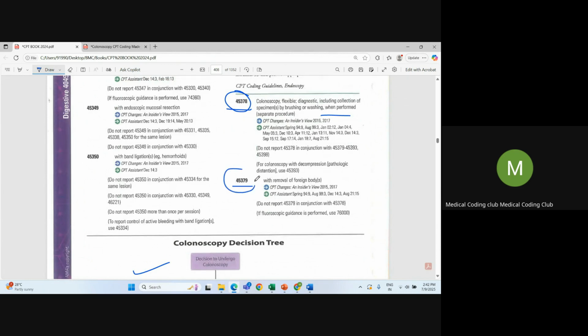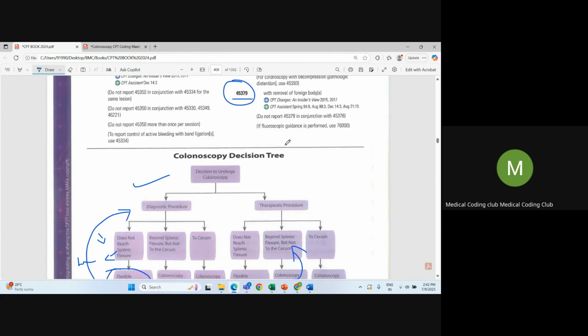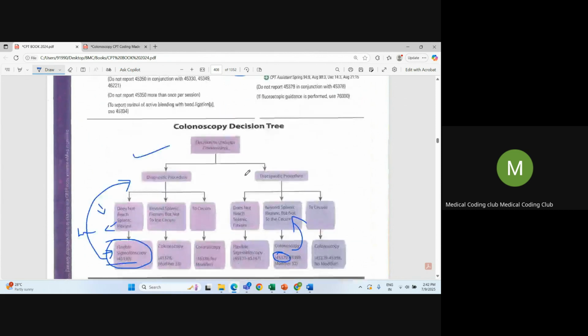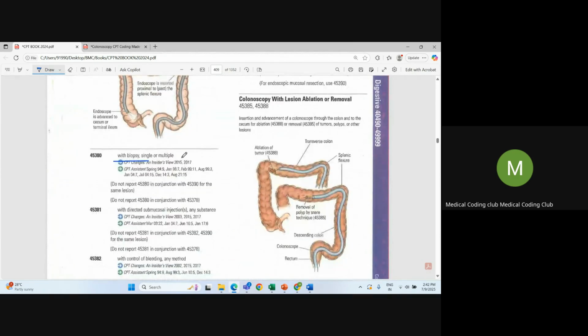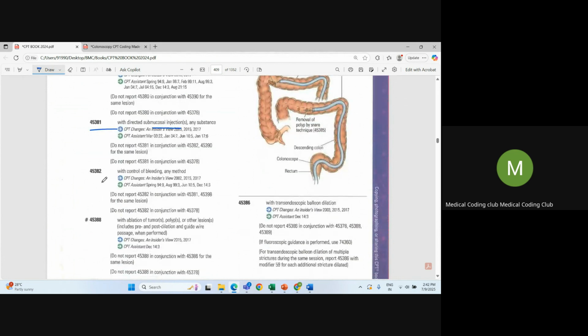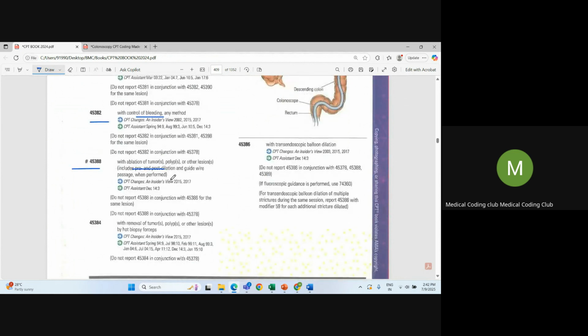And from 45379 is all about therapeutic procedures: removal of foreign body, with biopsy, single or multiple. 45381 with directed submucosal injection. 82 control of bleeding. 88 ablation of tumors.